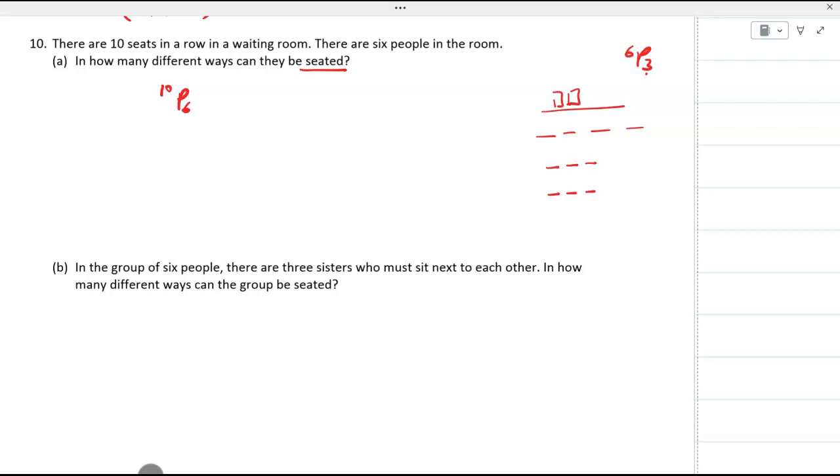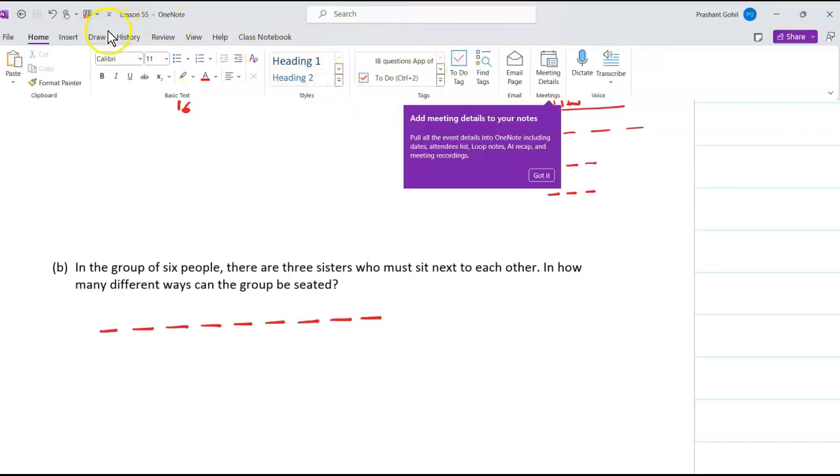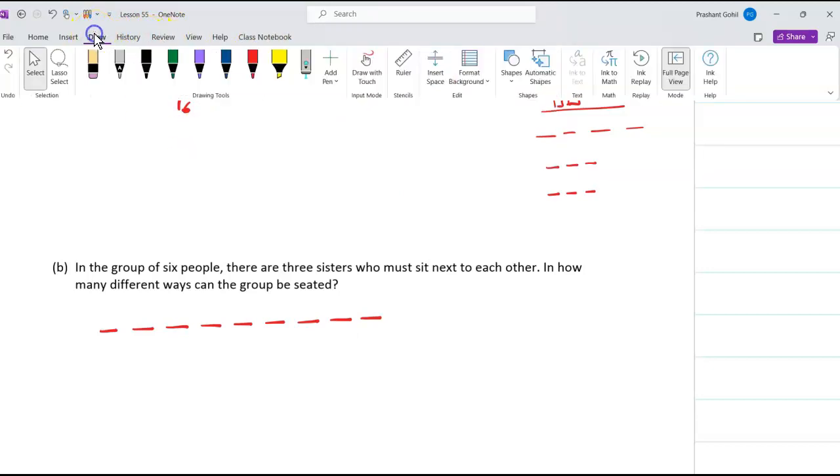Now, there are how many seats? 10. You want those 3 sisters together? Yes.